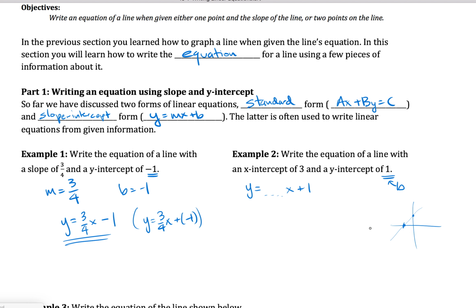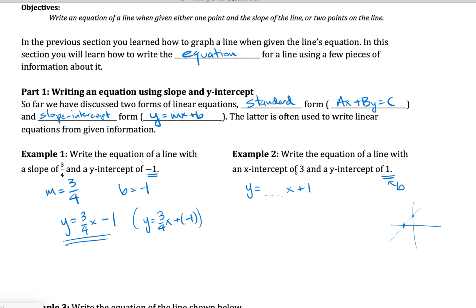But what we need to think about for this problem, since we're trying to find the slope of it, is what are the actual coordinates of the point where the line is crossing the x-axis. And we know it's going to be whatever the value is for x, comma, 0, because at that point where we're crossing the x-axis, we are going to be at 0 on the y-axis.